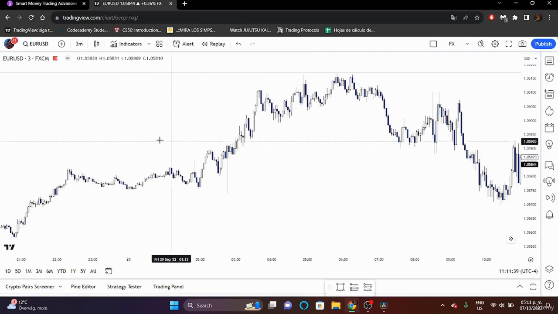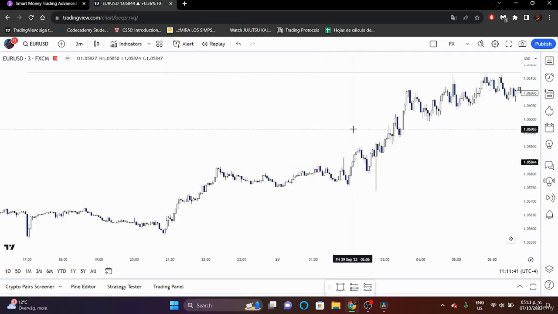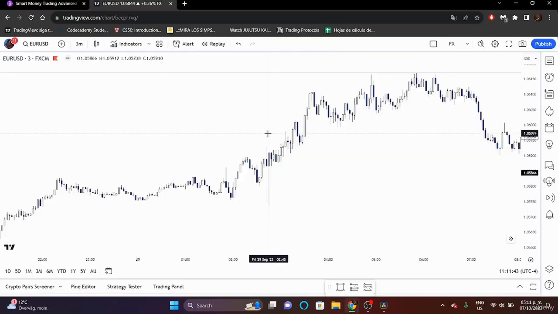So no propulsion blocks here. What do we do here? We manipulate lower. We take the stop losses. What's our bullish order block? This one, or actually this one. This will be the bullish order block because this was the down candle prior to the manipulation. Okay, that's the down candle. We touch it again.